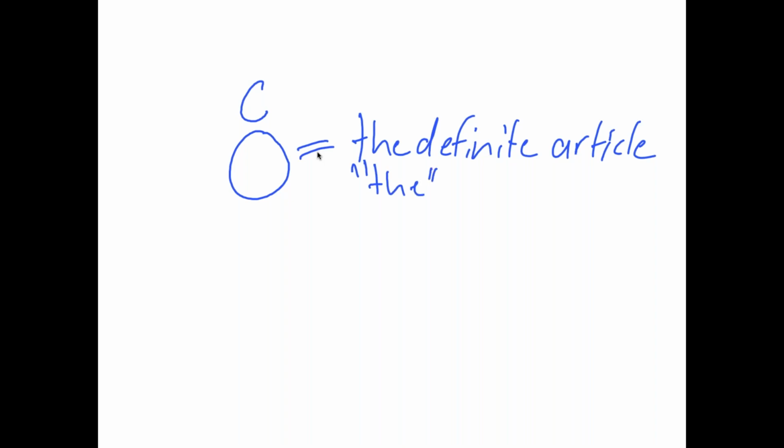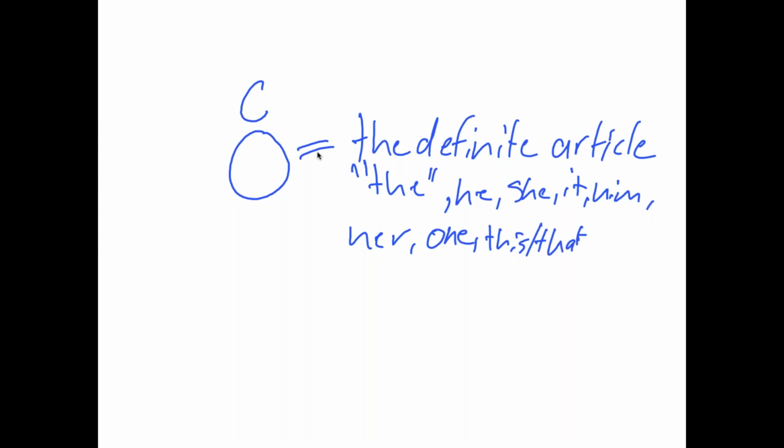The reason I say it that way is it can also sometimes be he, she, it, him, her, one, this or that. It has sort of a fluid meaning based on context. What you really need to know, though, is that it usually is "the," and it's the definite article.